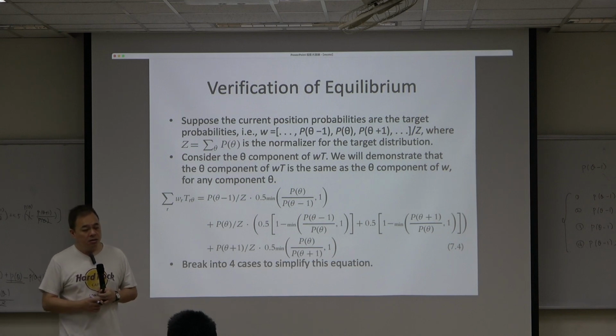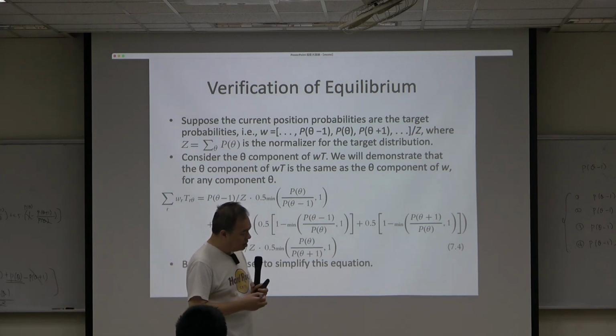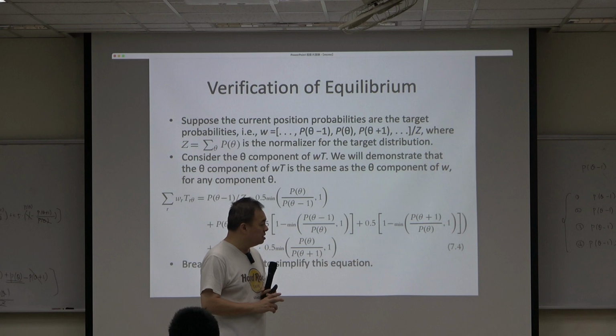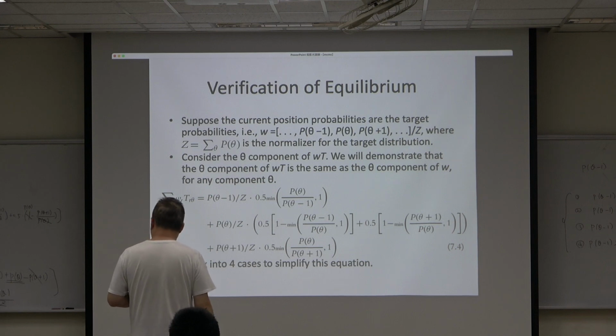You can try to put in any of these 4 cases, and you are always going to end up with p of theta divided by z.